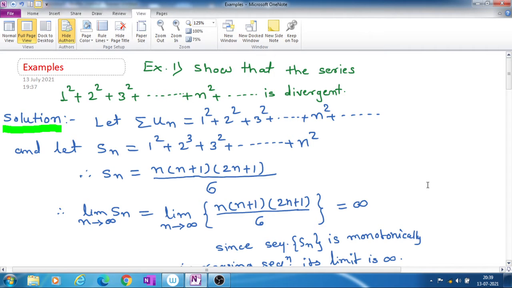Now let us see an example for divergence or convergence of a series.